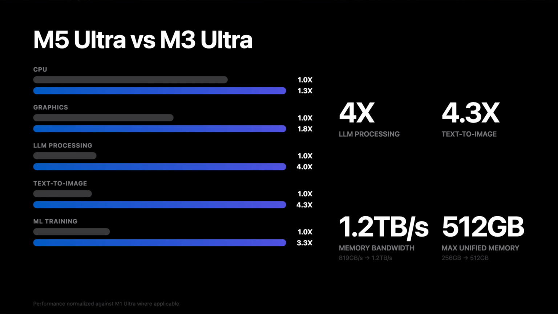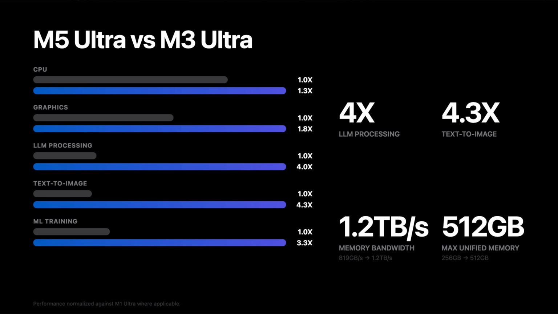So when you put everything together, the M5 Ultra versus M3 Ultra upgrade is pretty substantial. We're looking at up to 30% higher multi-threaded CPU performance, significantly stronger graphics depending on the workload, 50% more memory bandwidth, up to 4 times faster LLM prompt processing, up to 4.3 times faster text-to-image generation, and up to 3.3 times faster machine learning training.